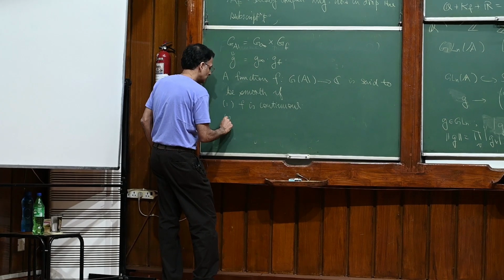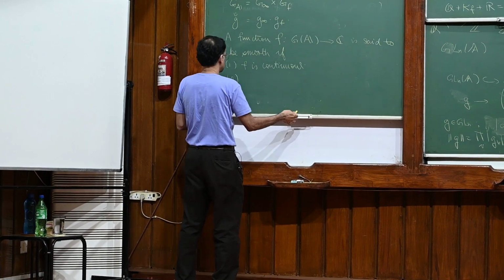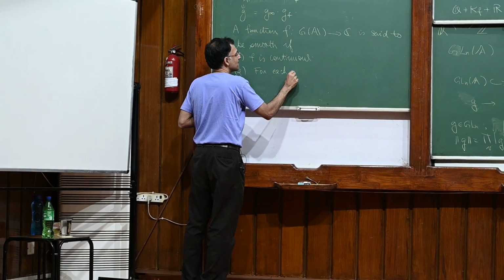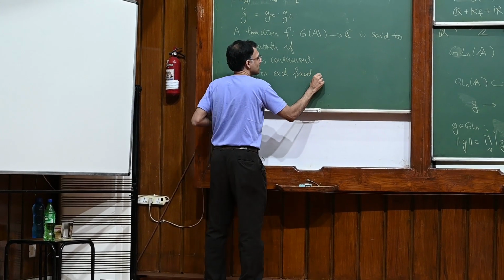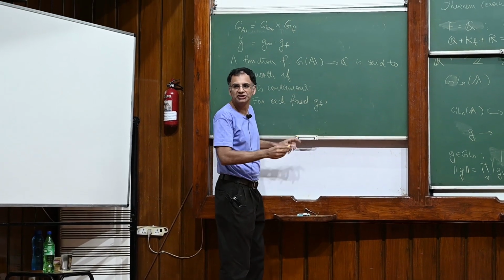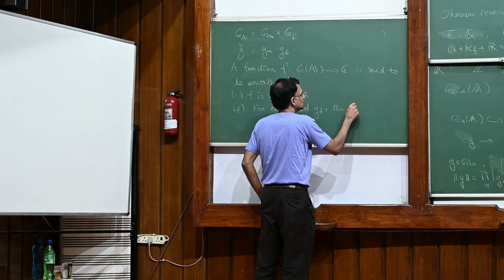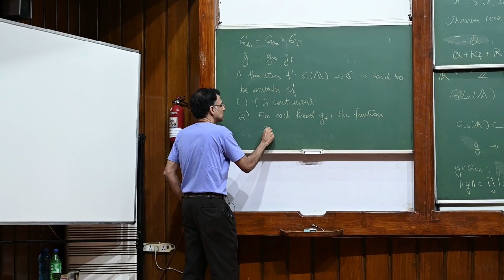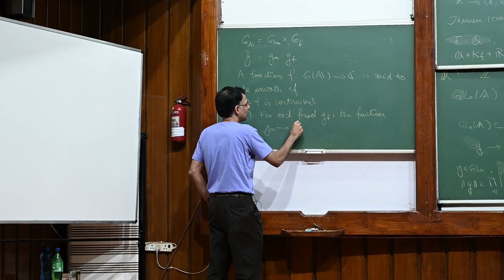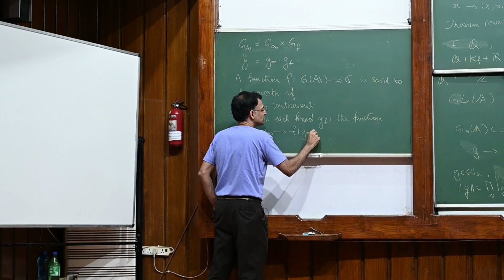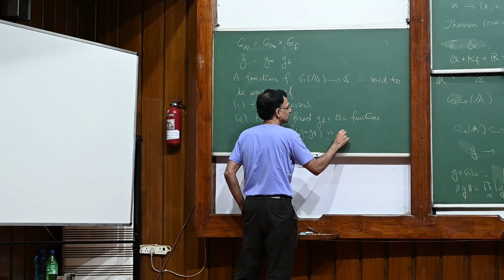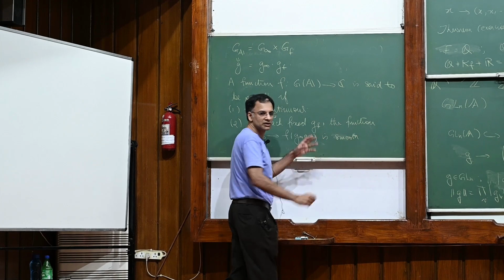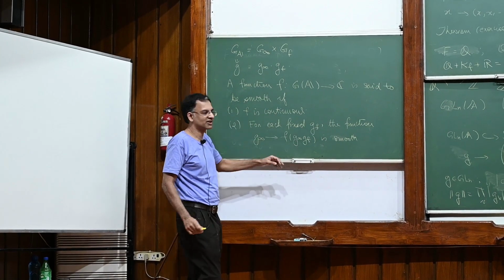Two, for each fixed GF, the function G infinity goes to f of G infinity GF is C infinity. This is a function on the real group, so smoothness makes perfect sense.